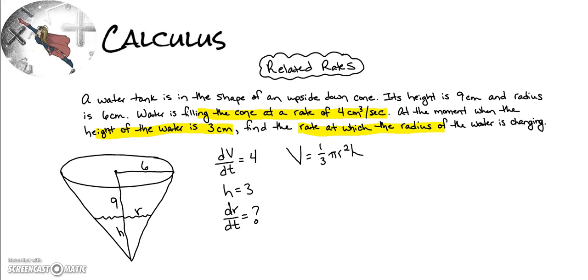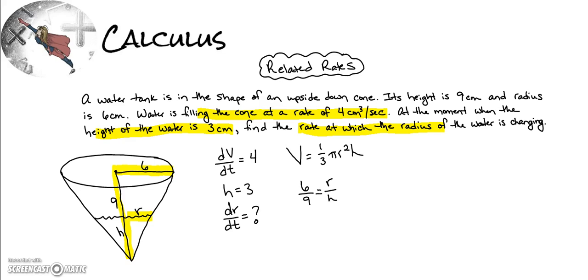And since we're going to be solving for dr/dt, it would be much better if we only had r in the equation. So one way to get rid of the h is to notice that in the cone, you're going to have a proportion that you can set up because 6 is to 9 as r is to h. So I can jot down that proportion. 6 is to 9 equals r over h.